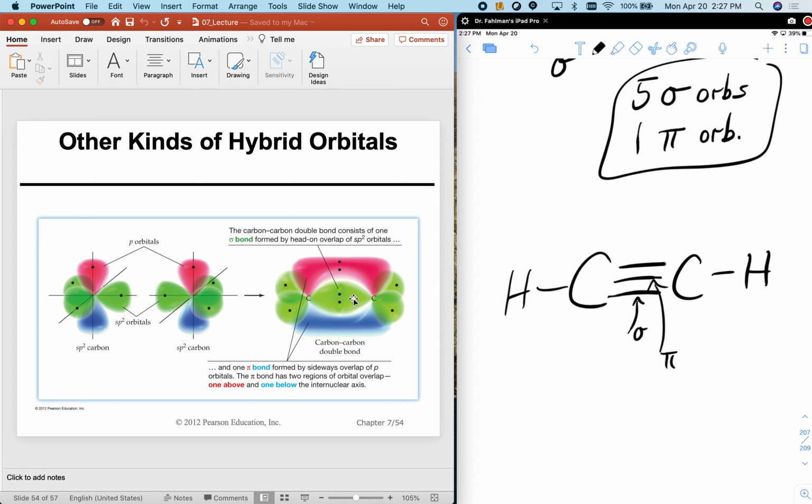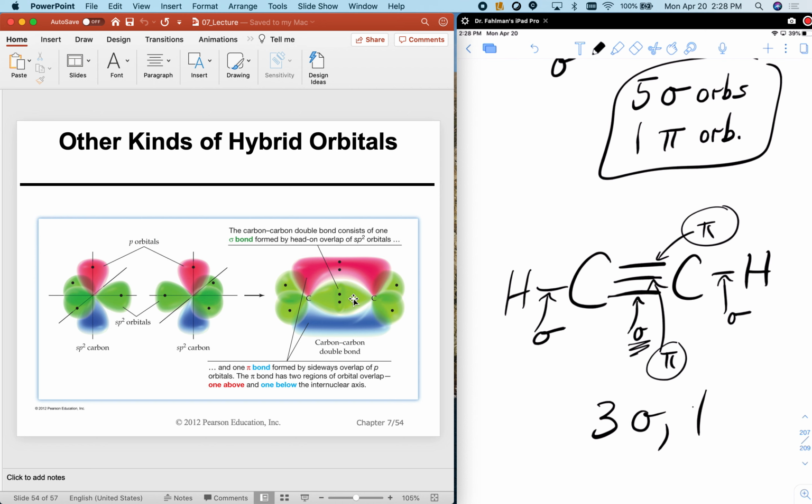Each of these ones would be pi, and that's also sigma. So a triple bond means you have one sigma, and then the rest are going to be pi's. So in this one we would have 3 sigma and 2 pi bonds.